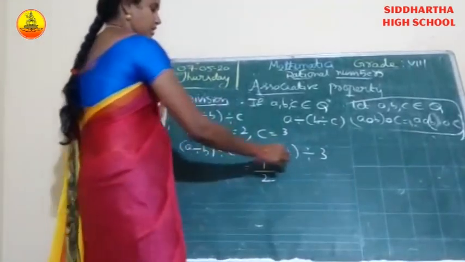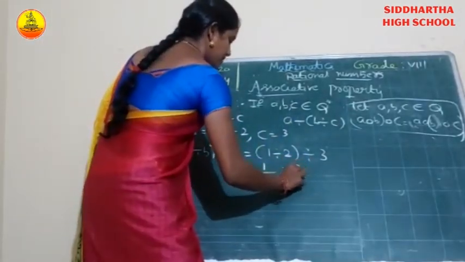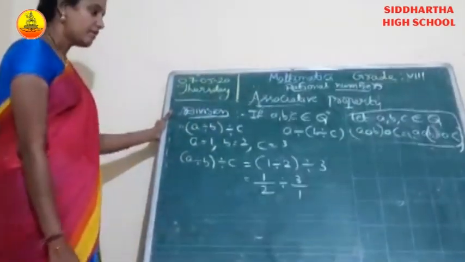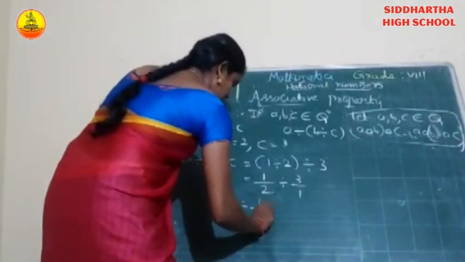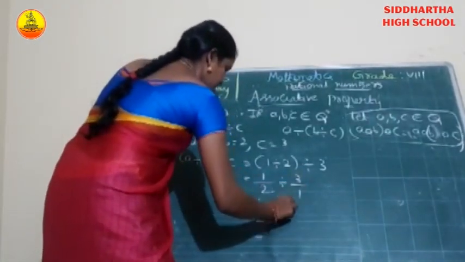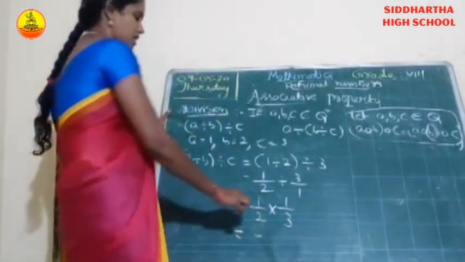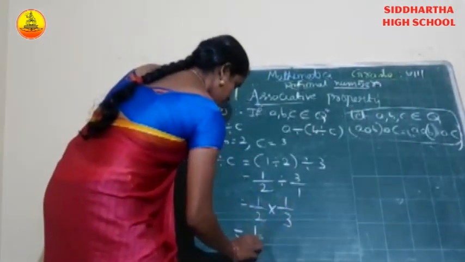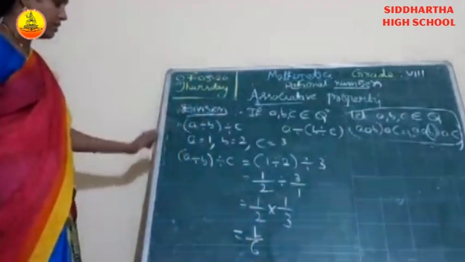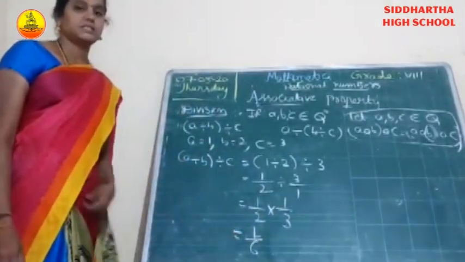Okay, divided by 3. 3 means 3 by 1. Now division symbol changes into multiplication symbol. 1 by 2 into 1 by 3. What is the value of 1 by 2 into 1 by 3? 1 into 1, 1. 2 into 3, 6. So, the value of this one is 1 by 6.